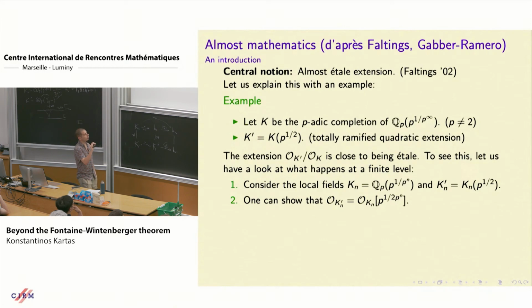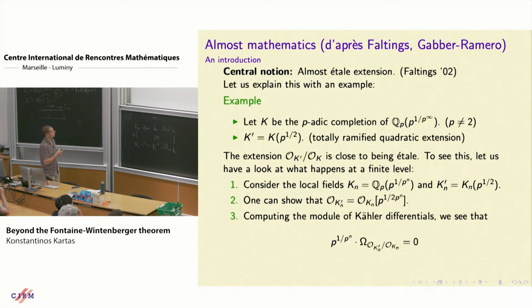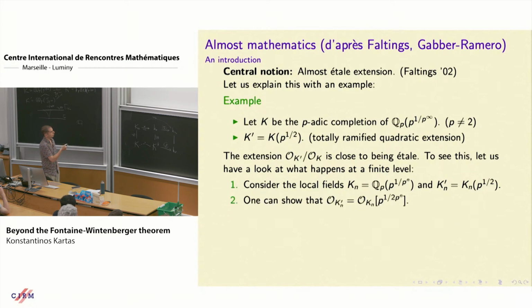Now that you have local fields, the extension of valuation rings is finite. There are no complications with that, and it's easy to describe. You just take a square root of a uniformizer, and in this case, you take a square root of p to the 1 over p to the n.